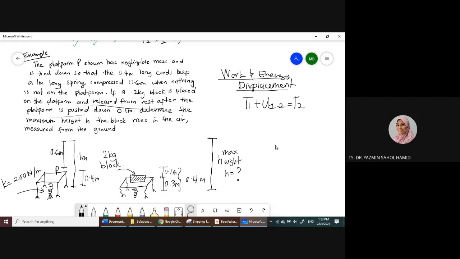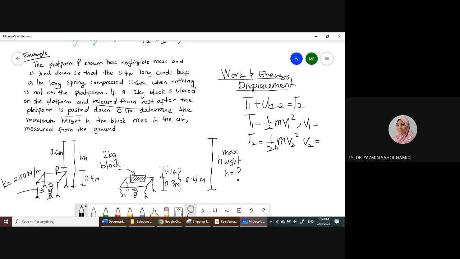So what is the principle of work energy? T1 plus work equals T2. Now for T1, the formula is half m v1 squared, and for T2 it is half m v2 squared. Now, what is the velocity V1?